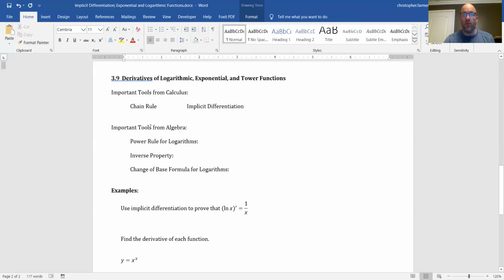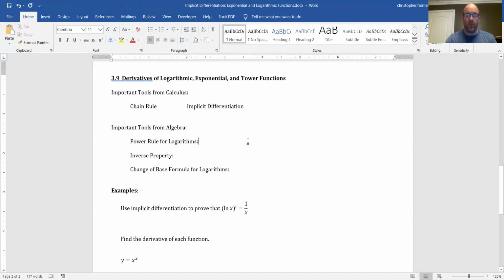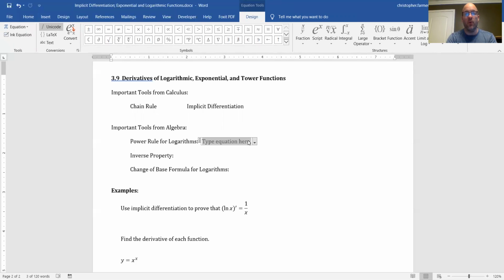But the important tools from algebra that we're going to be using here, the first one is generally called the power rule for logarithms, and we've talked about this one before. It doesn't matter what type of logarithm you're dealing with. Here, we're almost always dealing with natural log, so that's how I'm going to write it. But if I'm taking the natural log of something raised to some sort of power, that is exactly the same thing as multiplying that exponent times the natural log of what we started with here.